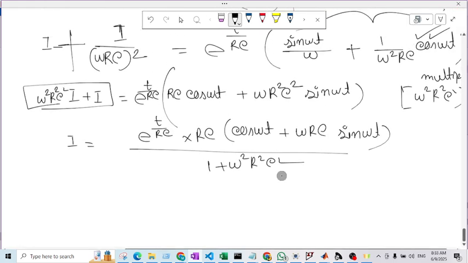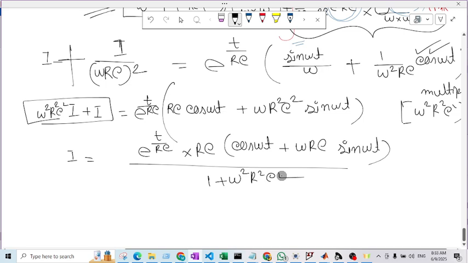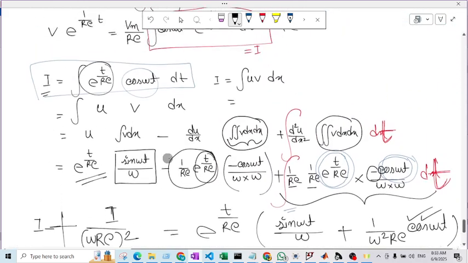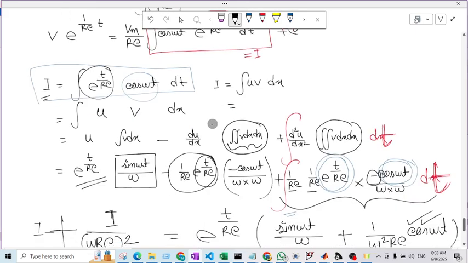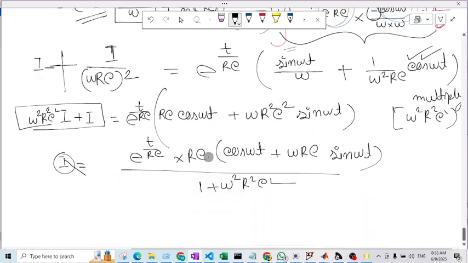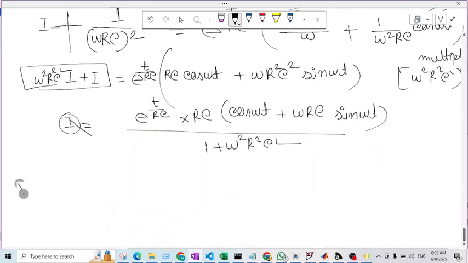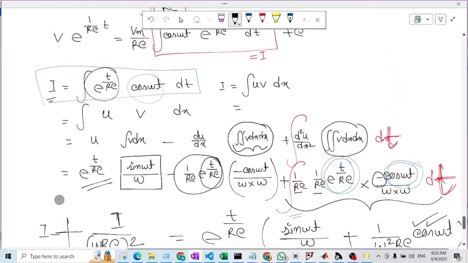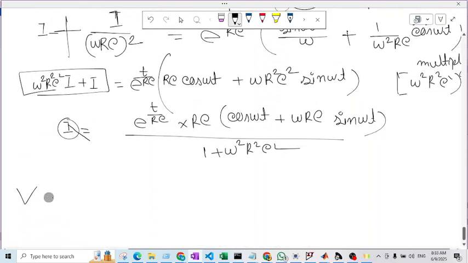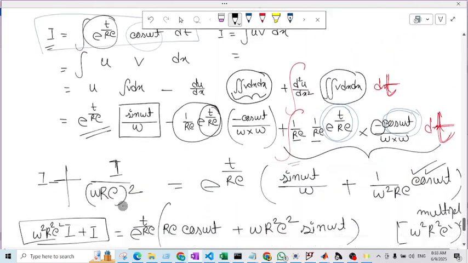Okay, so now let's put this I where? Here. Let's put this I here. So v, e to the power 1 by RC into t, then Vm by RC.